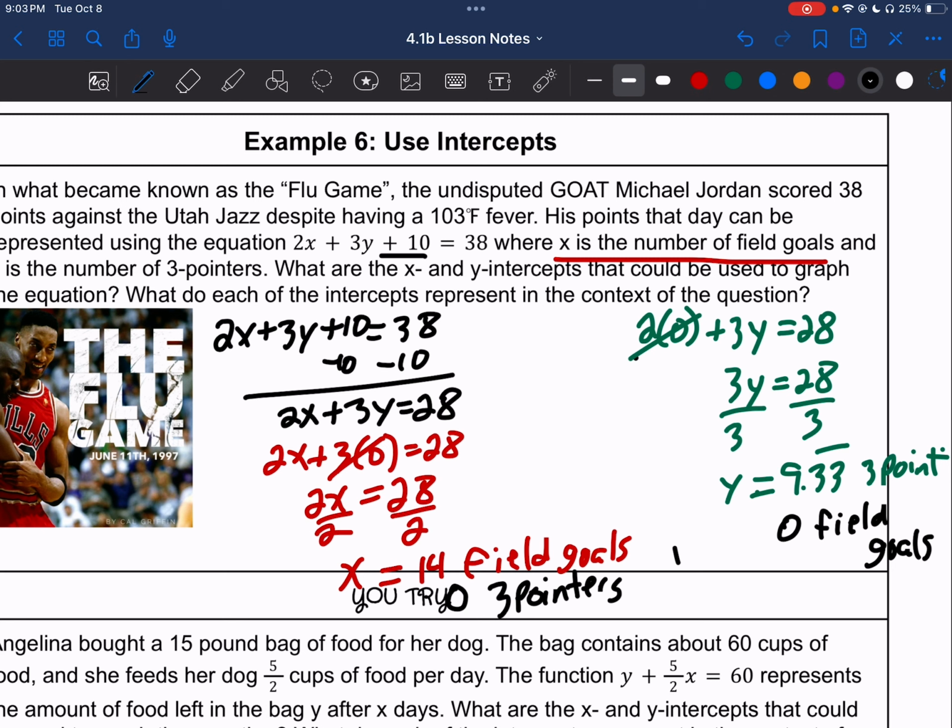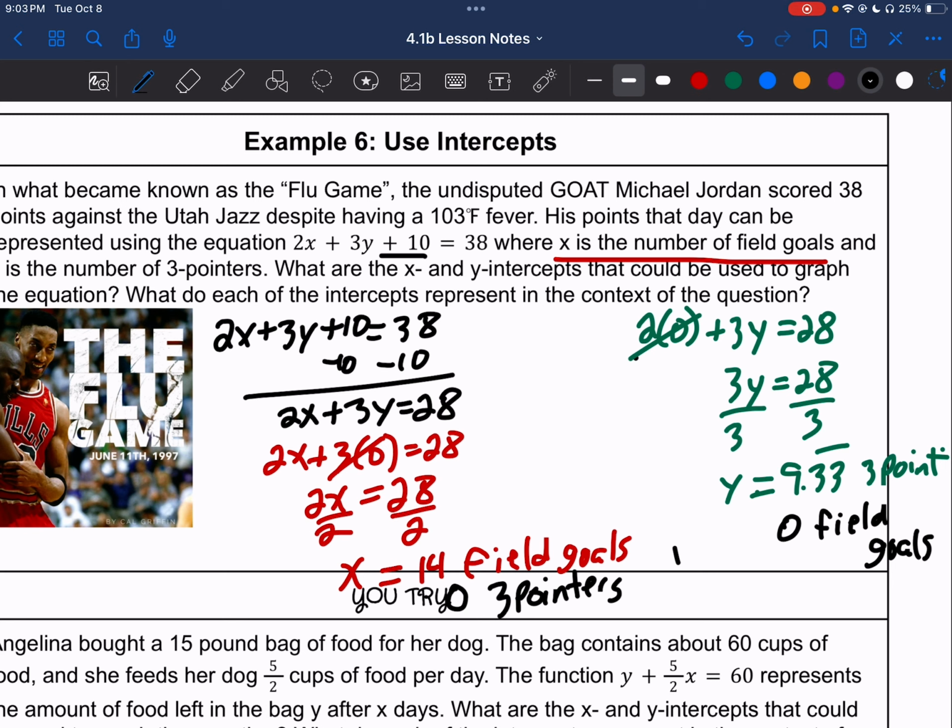Could we have 9.33 three-pointers? Absolutely not. It doesn't work that way. However, that is the way we would graph this, and we would just look for actual points on the graph that have whole numbers that would tell us combinations of field goals and three-pointers. Because this equation here is going to give us a representation of all the ways that he possibly could have scored those 38 points total.